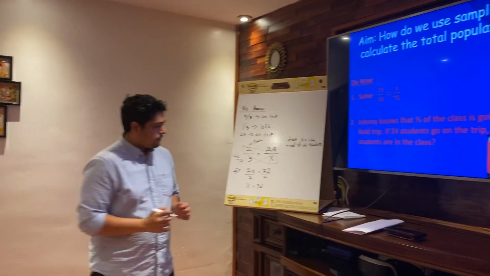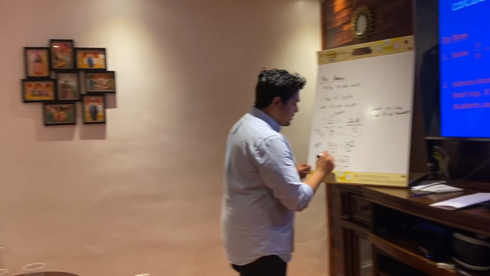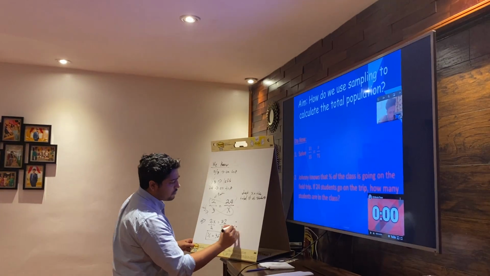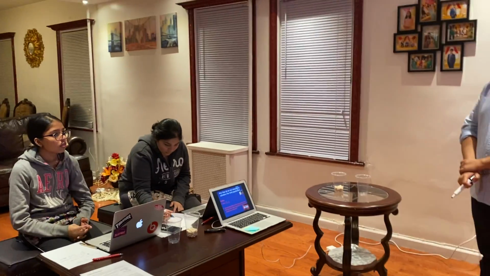So x equals 36. Therefore, what can we conclude? Tamina, what can we conclude from this value? What does the solution tell us? How many students are in the class.